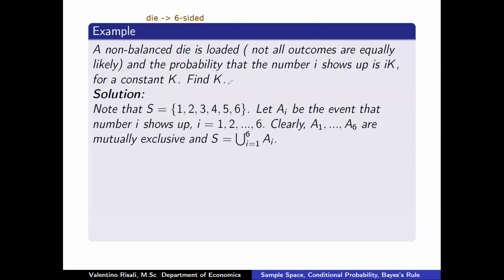So from this, we get Ai is equal to {i}. And by the previous example, we can see that these six events are mutually exclusive.